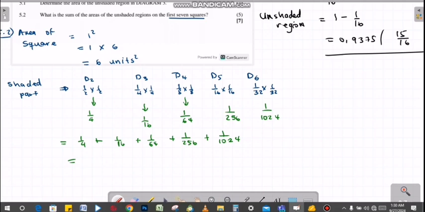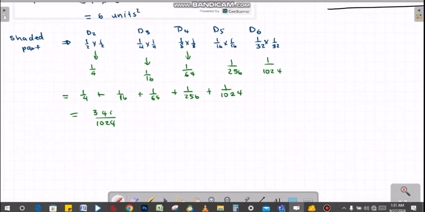1 over 4 plus 1 over 16 plus 1 over 64, plus 1 over 256, plus 1 over 1024, which is 341 over 1024. Okay, then now what do we do?